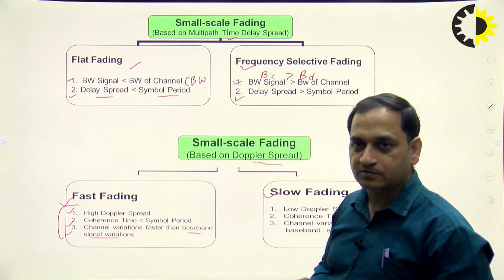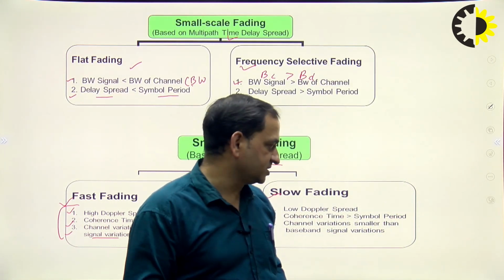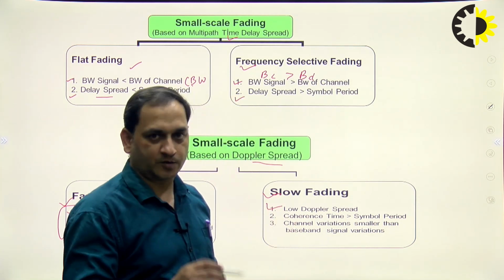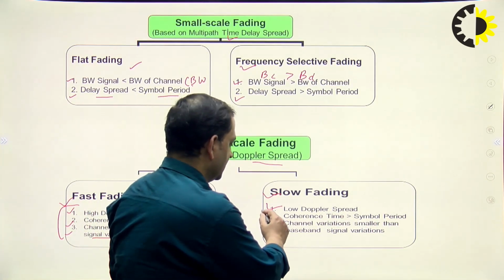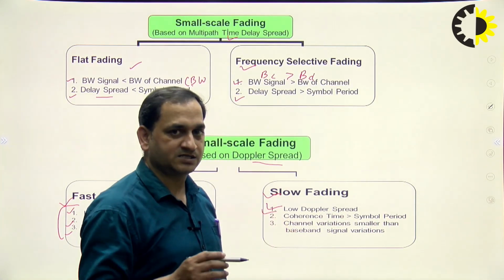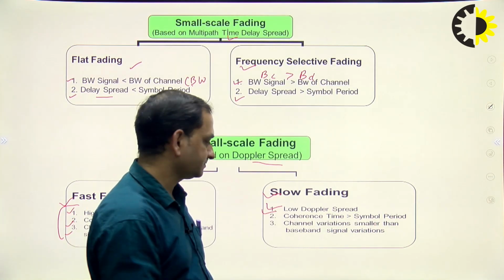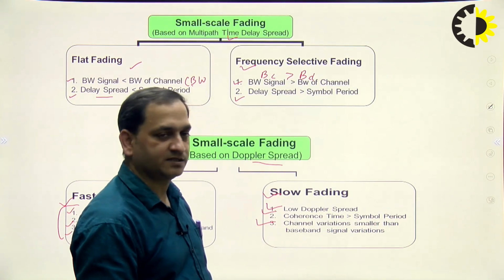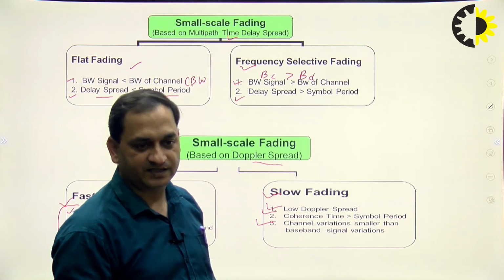And when we talk about slow fading, the features are low Doppler spread, coherence time greater than the symbol period, and channel variations smaller than the baseband signal variations.